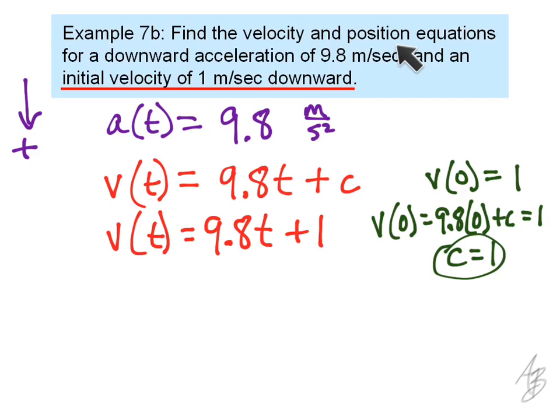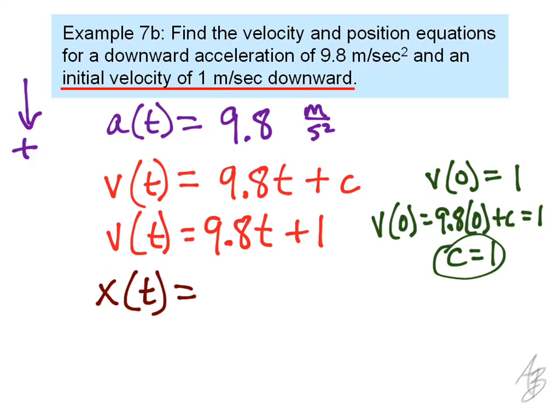Now we want the position equation. Position, I'll go ahead and use x. You guys like x for that, right? Okay, I'll use x for position then. Velocity is the what of position? Derivative. So then that means that the position is the antiderivative of velocity. So what would I take the derivative of to get 9.8t plus 1? Let's just do it one part at a time.